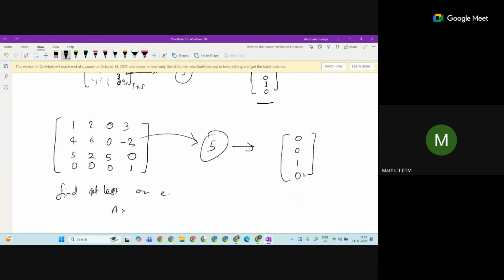I think it's done. The determinant of a matrix is the multiplication of eigenvalues. Is it? The determinant of the matrix is nothing but the multiplication of eigenvalues, correct? Yes, sir. And the determinant of matrix A and the determinant of A transpose are the same, correct?